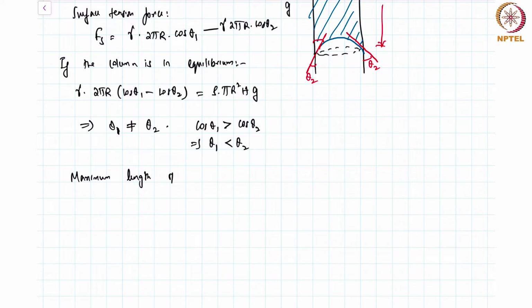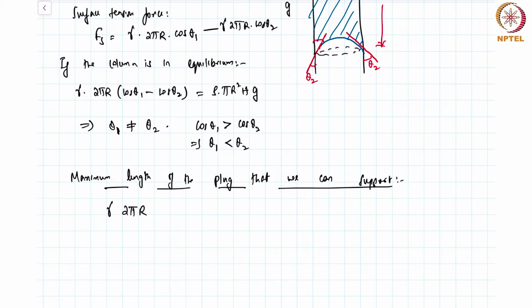The maximum length of the plug that we can support: gamma times 2 pi r times cosine of theta 1 min minus cosine of theta 2 max will be rho times pi r square g times h max.